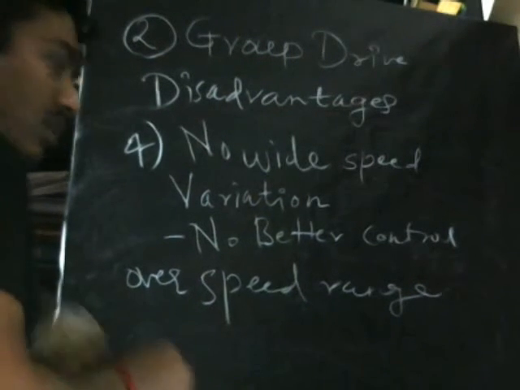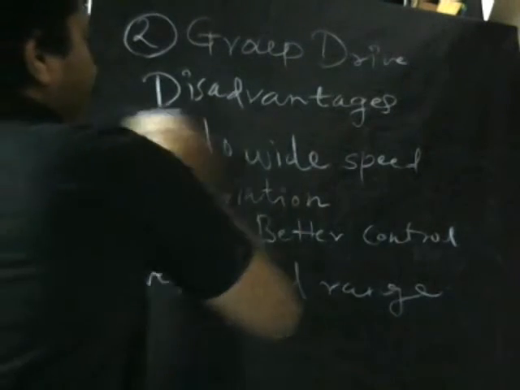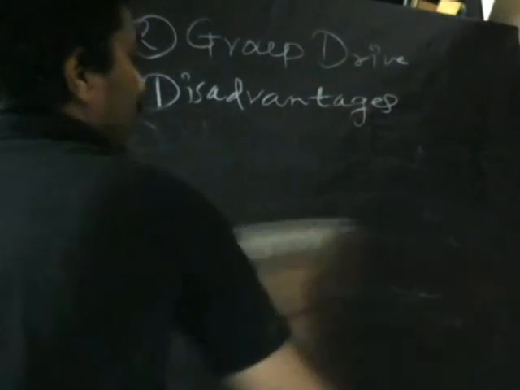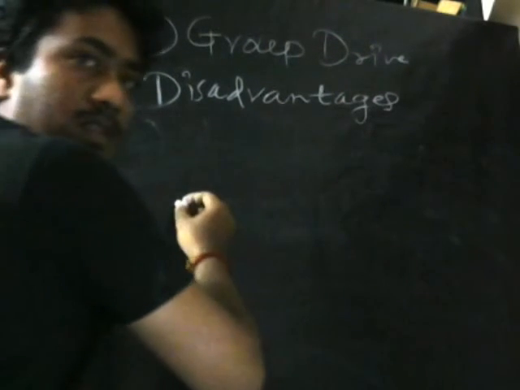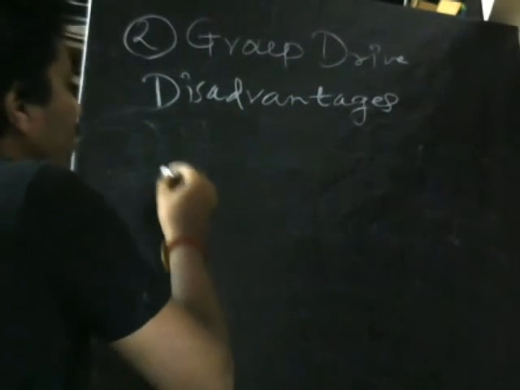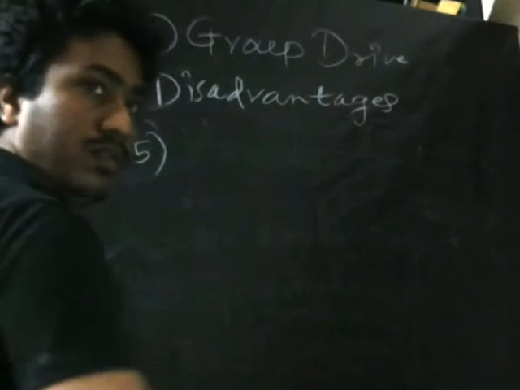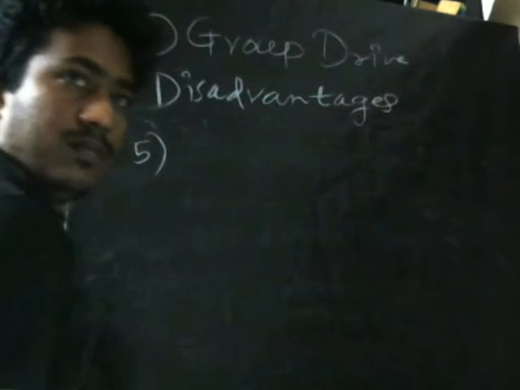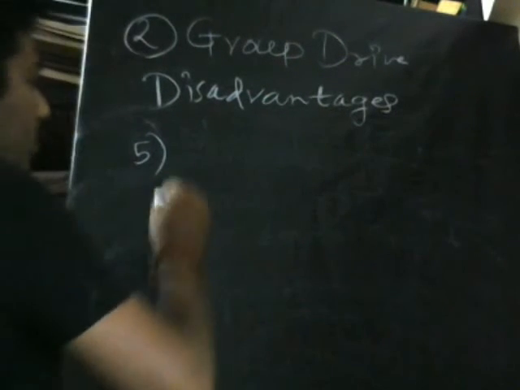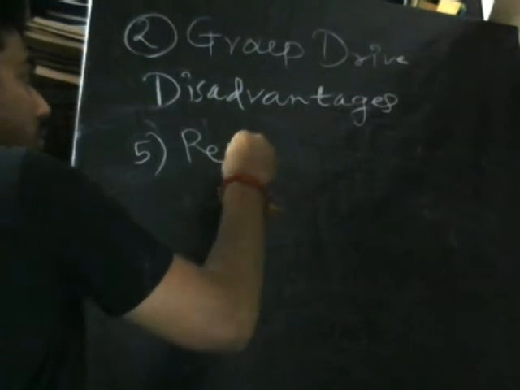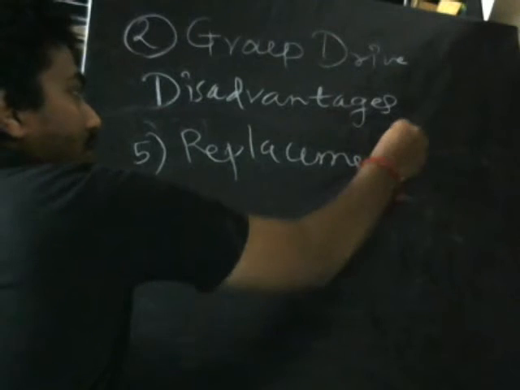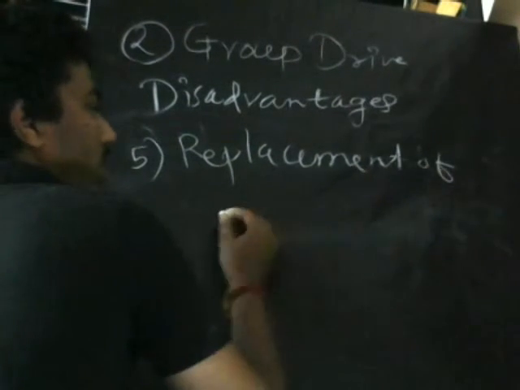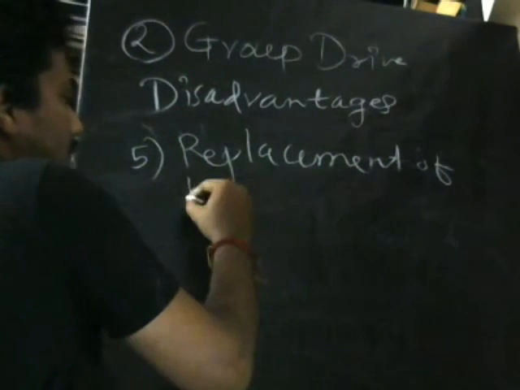That is a very big disadvantage. It is the fifth one. Fifth one is what we do, replacement of belt or varying speed. Correct? That is our requirement.